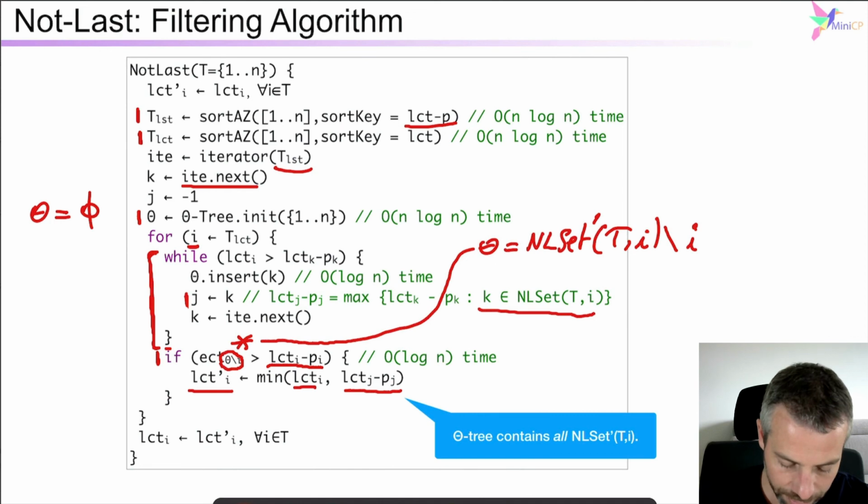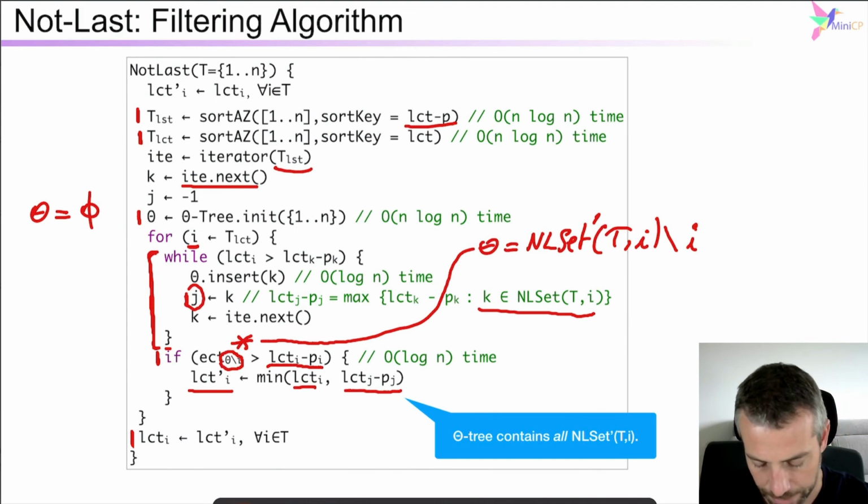So J is the one that will induce the least filtering for the update of the latest completion time of I. And eventually, we update according to all the updated values that we have computed, for all the activities I.